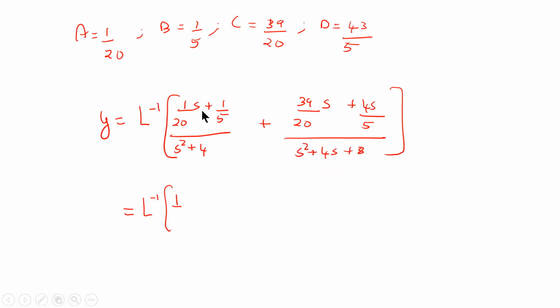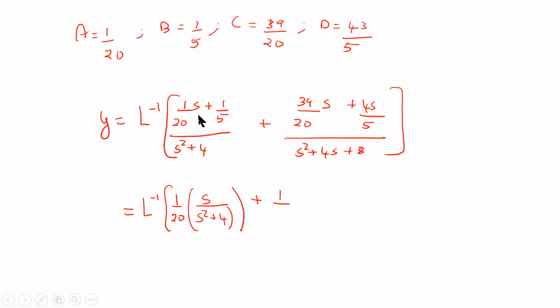We split it into terms: 1 by 20 multiplied by s by s square plus 4, plus 1 by 5 times 1 by s square plus 4.